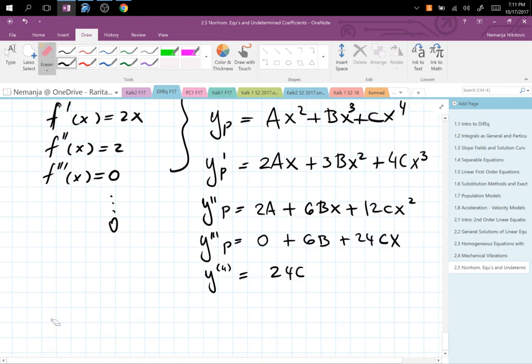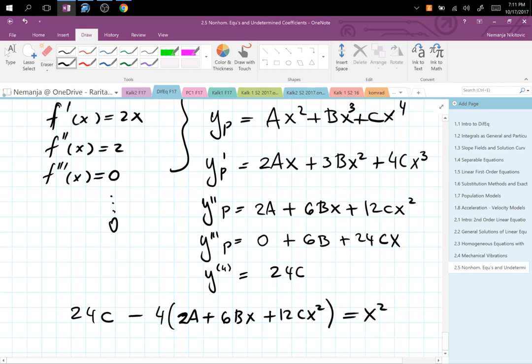When we plug this in the original equation, I need the fourth one. Fourth one is 24c minus 4 times the second, which is 4 times 2a plus 6bx plus 12cx squared, all of this equal x squared. There we go.